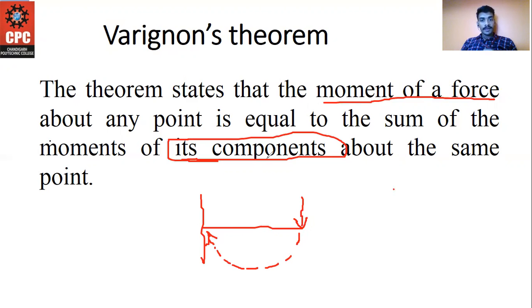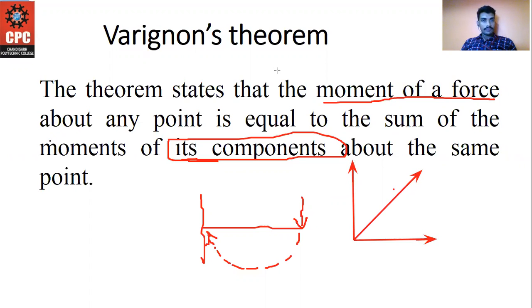Okay, and its components. Components means let's take an example. Let me draw these axes again. Here we have one force, and here we have another one, and this one is the resultant. You can draw it like this: this is the resultant force, this is one force, one component, and this is the second.